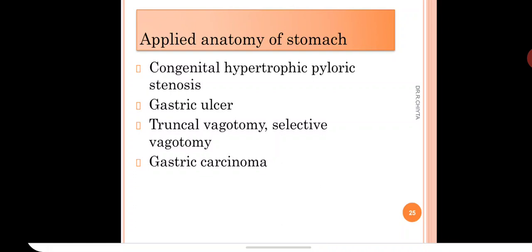That will be useful if you are asked in the exam. To complete this, we have to know mainly the applied anatomy: congenital hypertrophic pyloric stenosis, gastric ulcer, vagotomy, and gastric carcinoma. With the next viscera in the abdomen region, we will see in the next class.